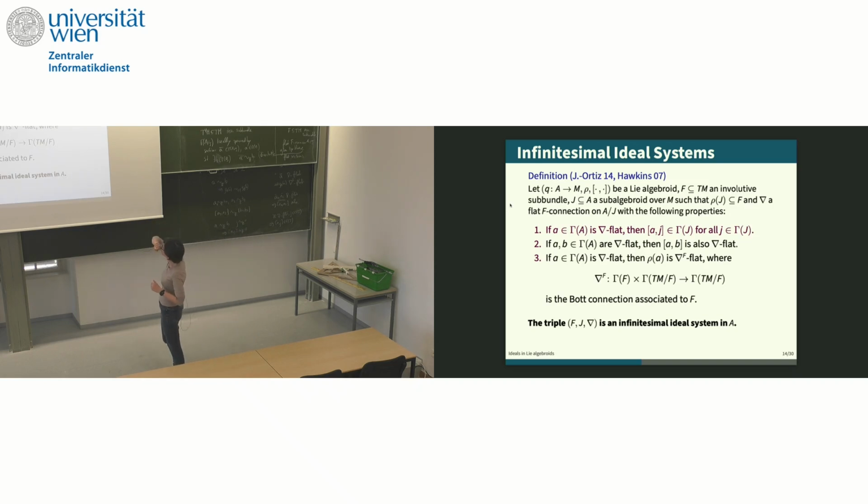So I have this subbundle, which becomes automatically a subalgebroid, and you have a connection, and only the flat sections of this connection will bracket J into J. So to answer your question, if F was 0 and nabla was 0, so you would just have J in A, then all sections of A would be flat because nabla was 0, and that would just be the naive ideal condition. And the other two would be redundant because nabla is 0.